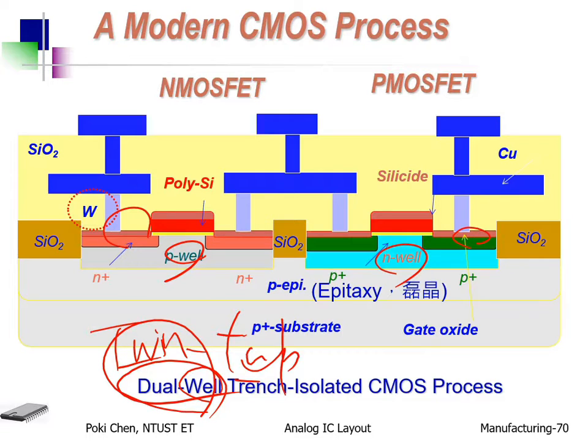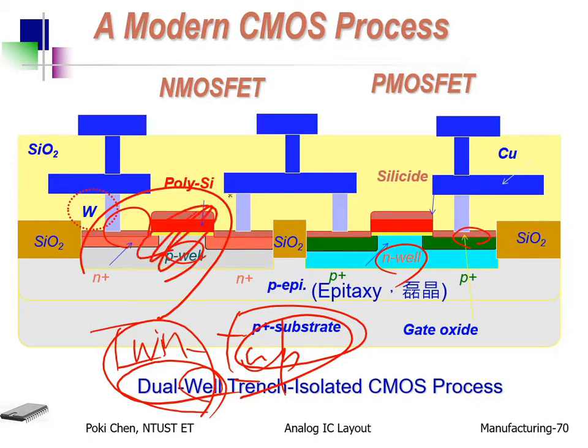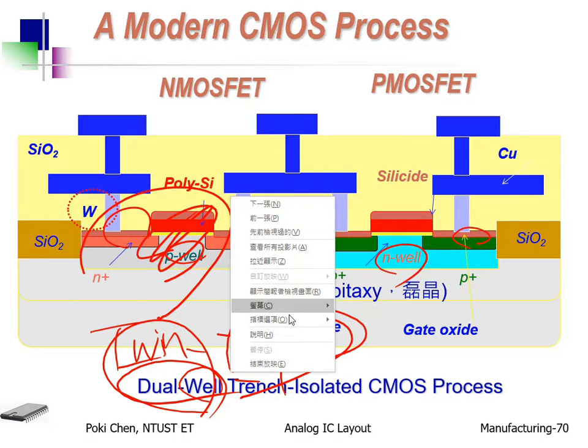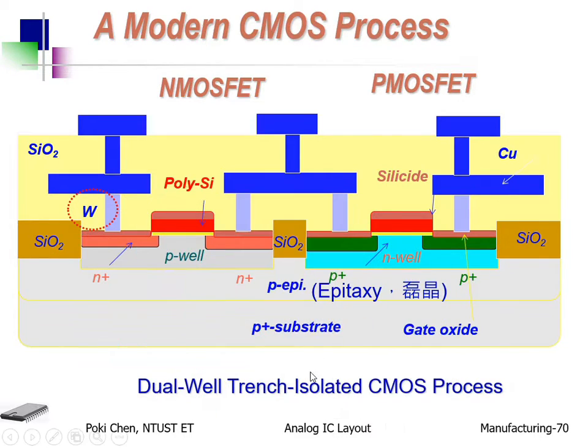For the usual ones in Taiwan, we have NMOS in P well, then P substrate, right? Sorry, no, I pointed at the wrong one.